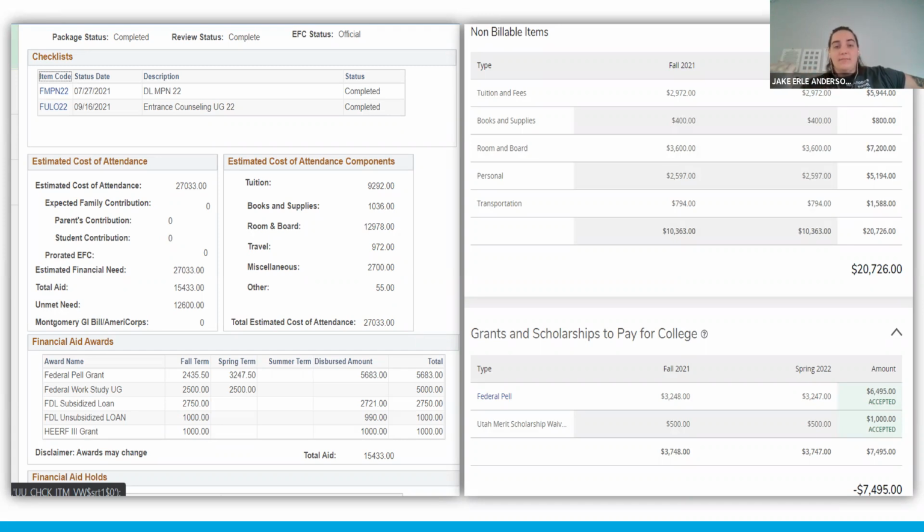It could possibly even change whether or not they go to different schools, because as you can see, the U costs about $7,000 more for the estimated cost of attendance than Dixie, but the room and board is around $13,000. So when you are comparing those two, it is very important to understand what is applicable to the student and what isn't.